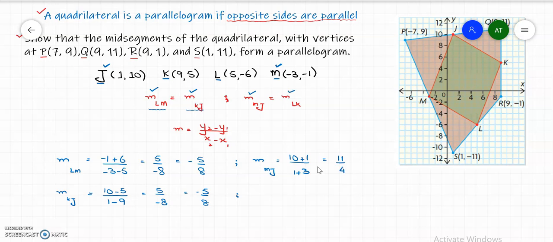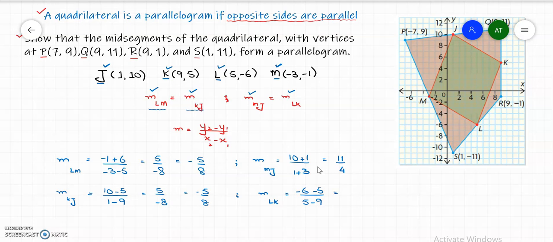Now the last one is the slope of LK. Okay, name L as x1, y1 and name K as x2, y2. So we have y2 minus y1, that is -6 minus 5 over x2 minus x1, that would be 5 minus 9.